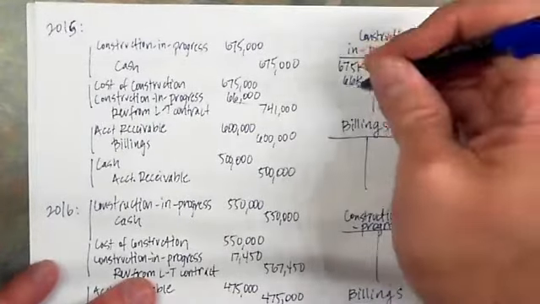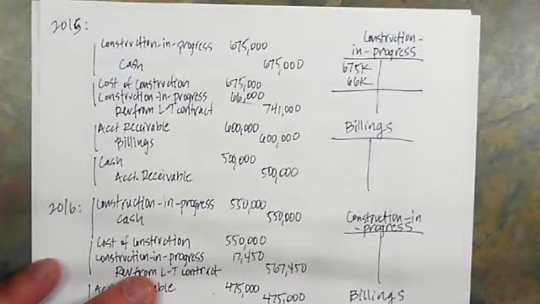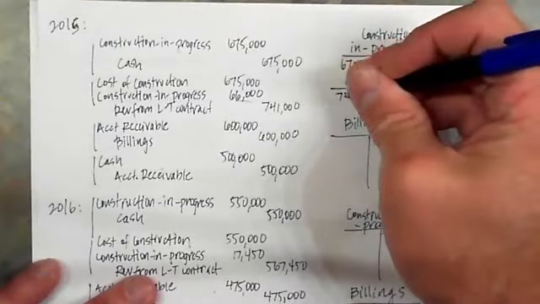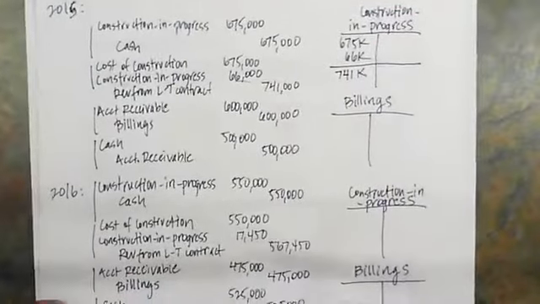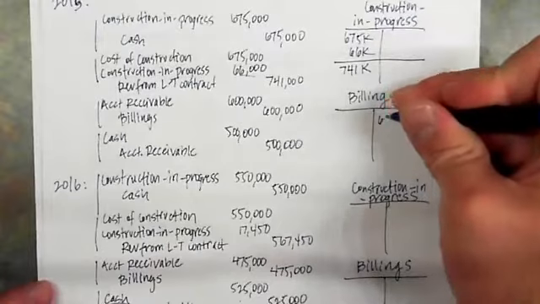So as of 2015, the ending balance in my construction in progress account would be 675 and 66. Remember, sometimes it's called the costs and profit, because that's what it tracks. $741,000 balance debit. The billings would just be affected by this amount here, 600,000.